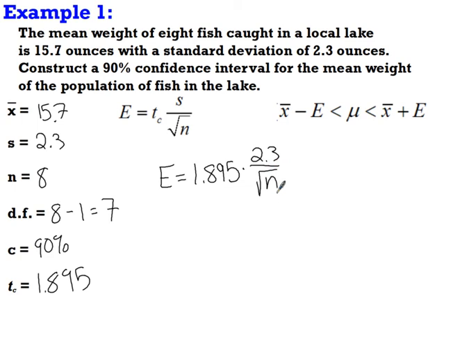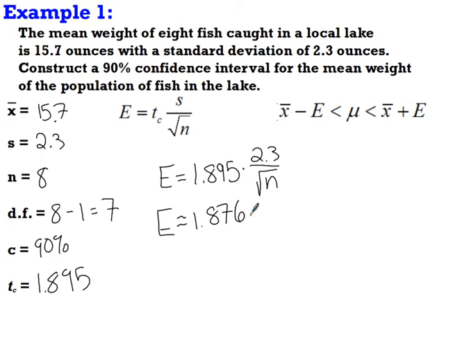Now, I like to do the fraction first, just to eliminate some of my possible computation errors. And I get 0.9899, and then I'm going to multiply that by 1.895, and I get an error of about 1.876.